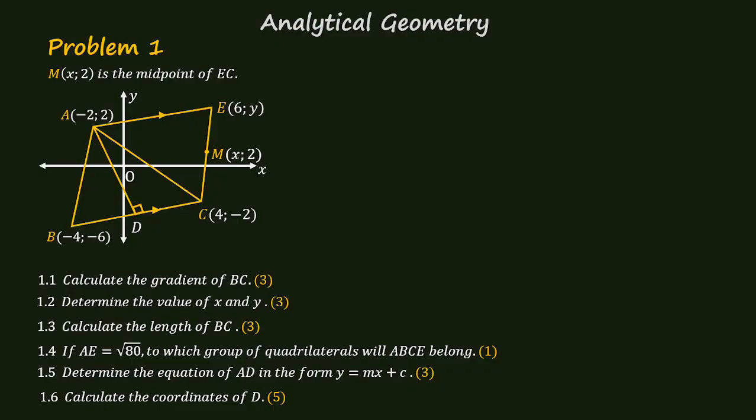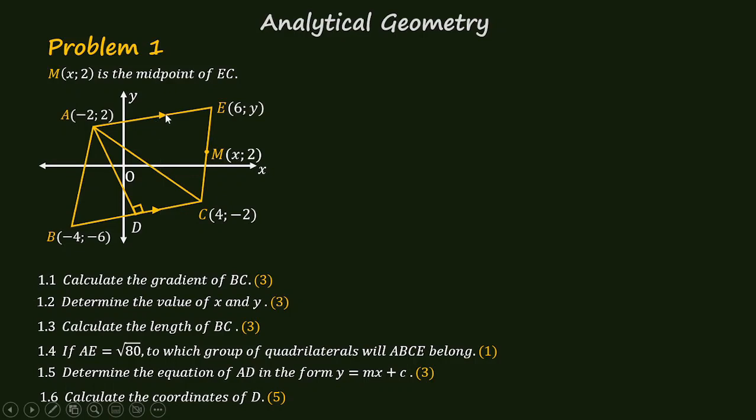Let's look at some exam type of problems. These are problems that you are more likely to meet in an exam. In this problem, we are told that M is the midpoint of the straight line EC. Also, by looking at this diagram, we can see that the line AE is parallel to the line BC, which is shown by these two arrows here.